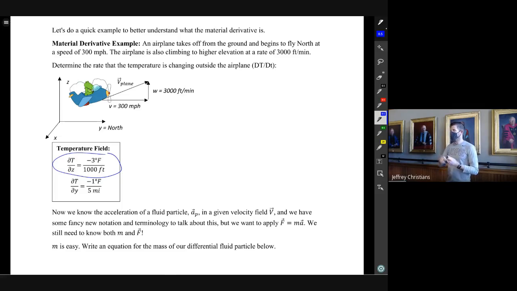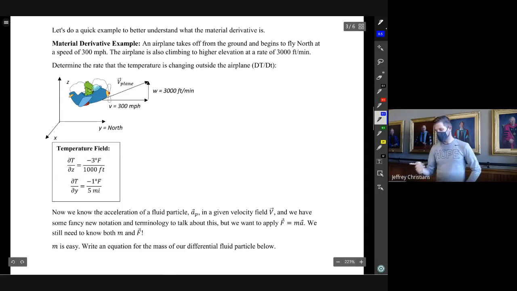And what you know is how you're flying. You're going 300 miles an hour north, and you're also climbing 3,000 feet per minute. So you know the y component of your velocity, how fast you're going north, and the w component, how fast you're going up in the z direction.